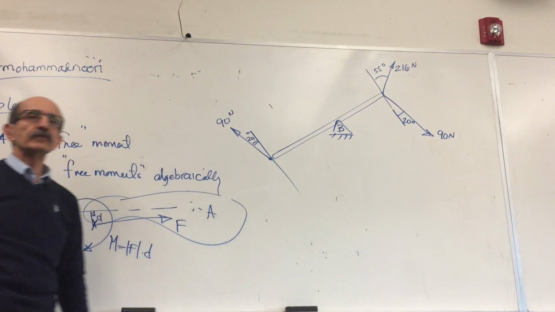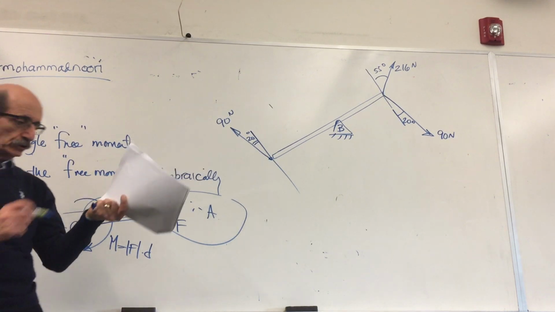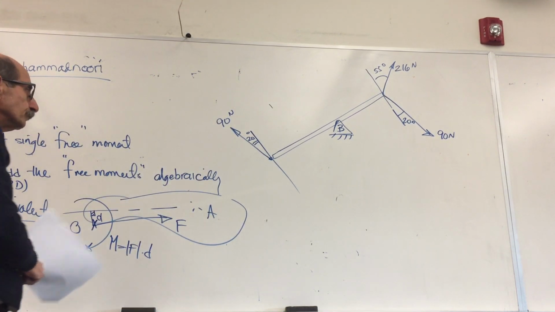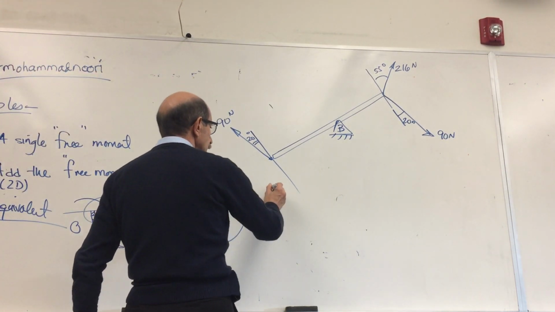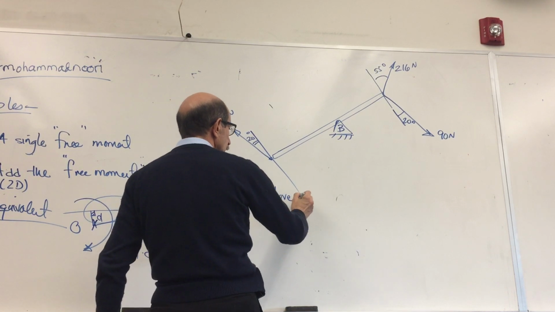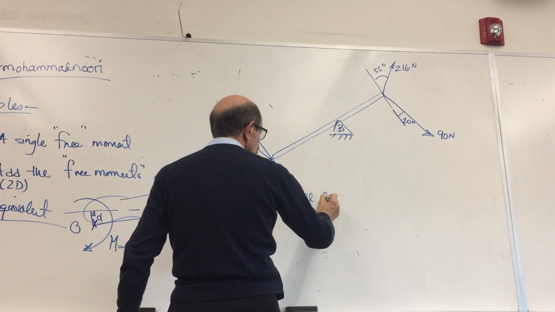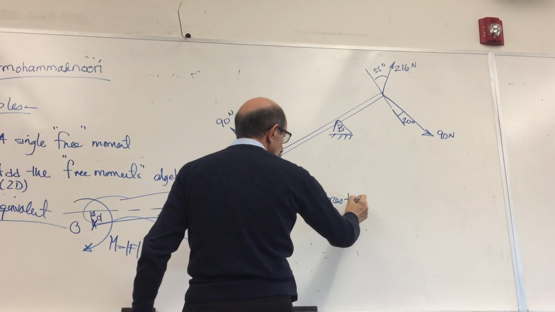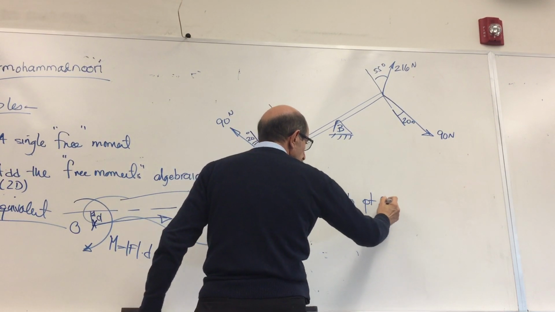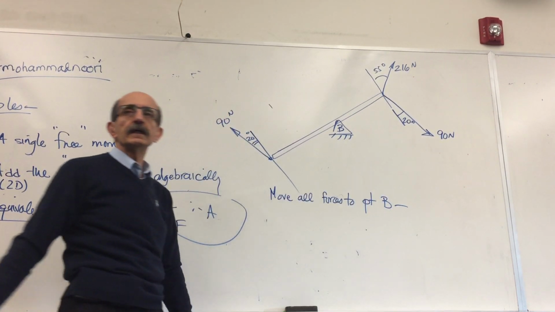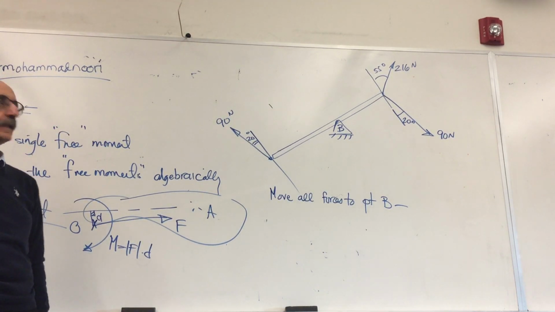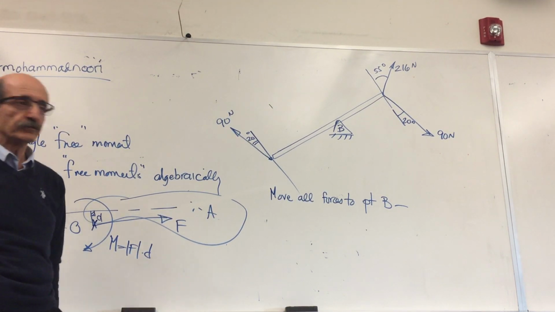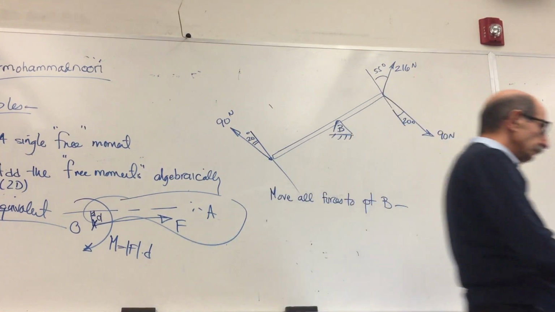So what the problem is asking is that move all these forces to point B, or find an equivalent system at point B. That's what the problem is asking. So what do you need to do?